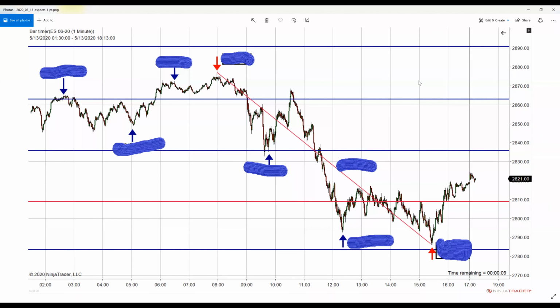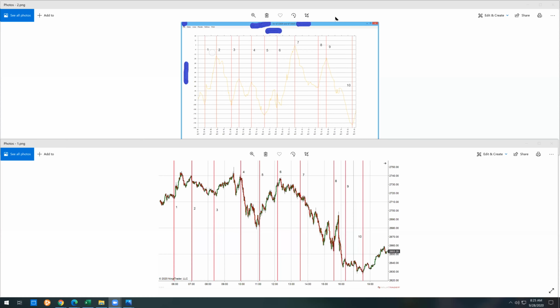You can see the blue and the red arrows mark the aspect times that we had on this particular day, and every one of these aspect times caught a significant swing in the market. These aspects are based on the fast movers of the planets, but you have to know what the correct planets are to get the aspects that are active on that day.